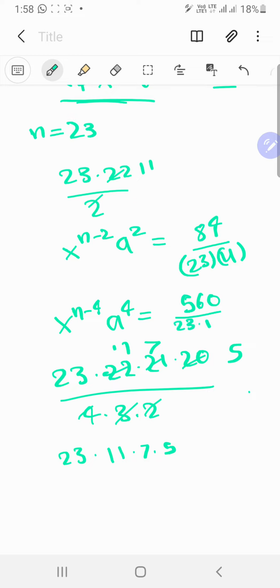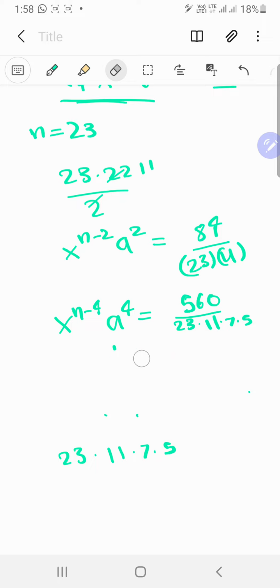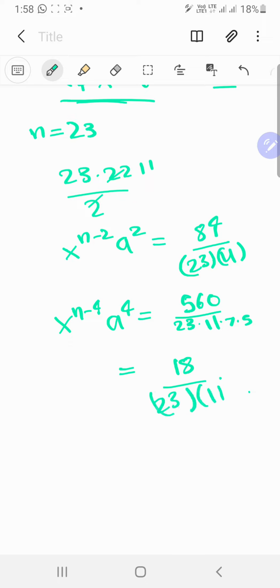Let's simplify. It looks like it's a multiple of 7 into 5. So you got 80 over there, and 80 upon 5, that's just 18 upon 23 into 11. Looks nice basically.